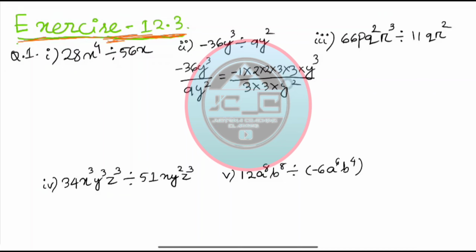As we know that y square cancels from y cube, only y remains, and 3 got cancelled, 3 got cancelled. The final answer which is remaining with us is minus 1 into 2 into 2, that is 4, y only, minus 4y. This is the final answer, right?